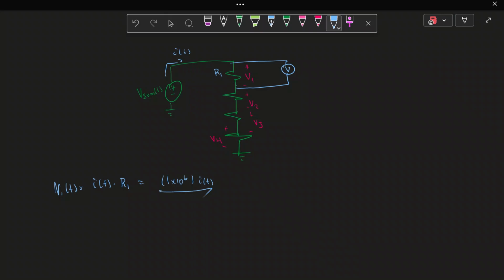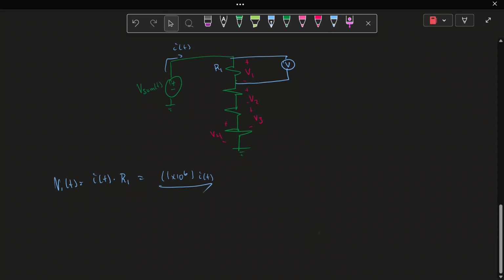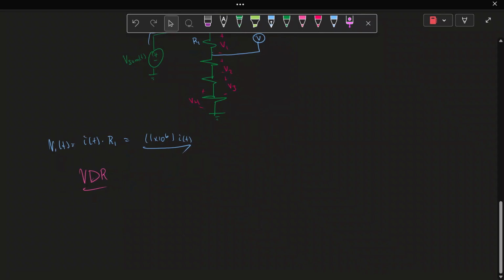There we go. Another way you can do this is you can use the voltage divider rule. You can say that V1 of t is equal to V sum of t times R1, because that's the voltage we're trying to find across R1, divided by all of them added up.